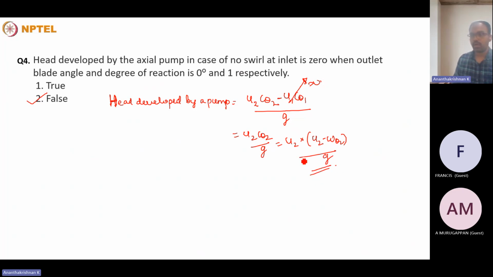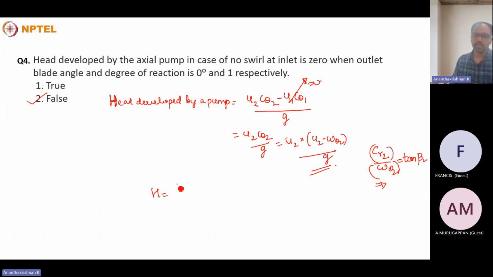And now we also know from the velocity triangle that CR2 divided by W theta 2 is equal to tan beta 2. This is the flow velocity component divided by the tangential component of the relative velocity. So we can write W theta 2 in terms of CR2 and substitute that value in this equation.